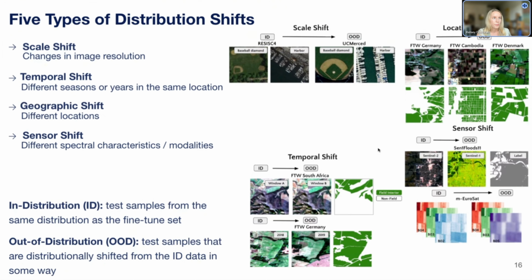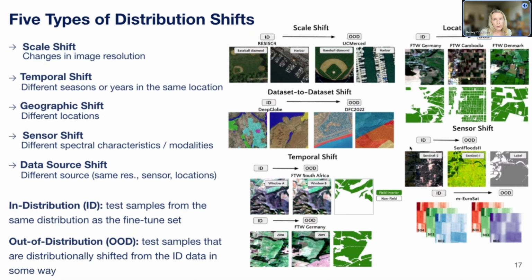And then the final shift that we include is data source shift or dataset to dataset shift. So in this case, the datasets in question are from different authors, but they cover the same land cover types or classifications within the dataset. They cover the same temporal coverage, geographic coverage, same resolution. The only difference is that they are from different authors.